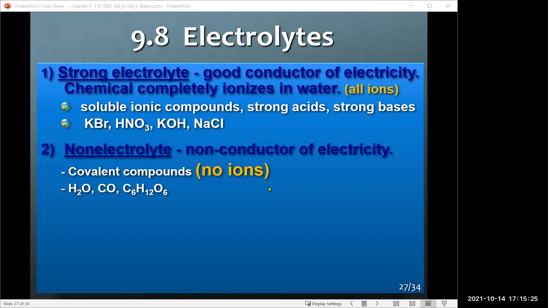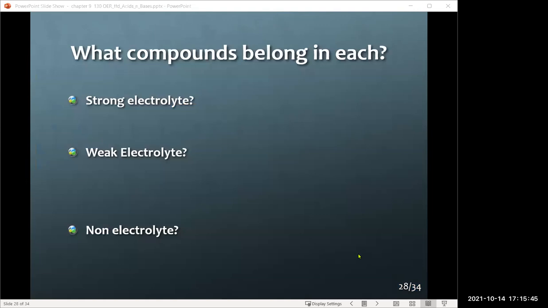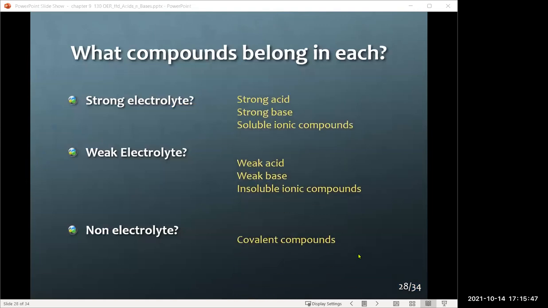They're just brought together by electrostatic attraction, and they dissociate fairly readily. Okay, and those classified as weak electrolytes are weak acids, weak bases, and anything classified as insoluble ionic compounds. So this summarizes everything for you, and which compounds belong to which.